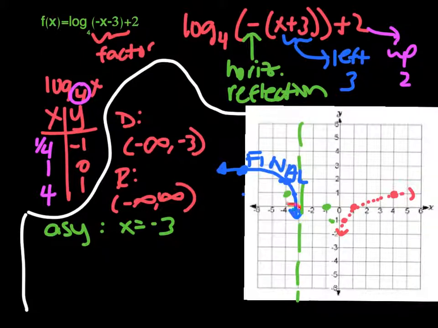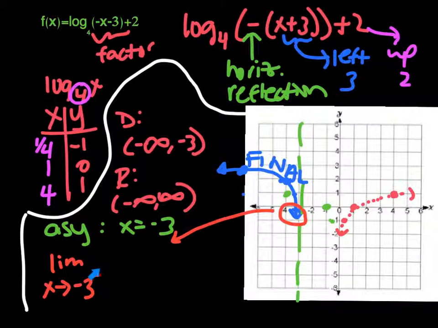My right end behavior right here is my limit as x approaches -3 from the left. This little negative up here tells me that I'm approaching -3 from the left. And my y values are getting smaller and smaller, so it's going towards -infinity.